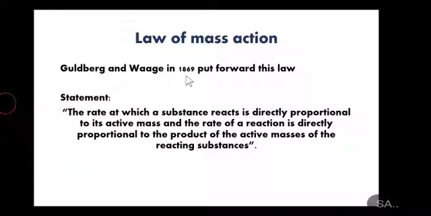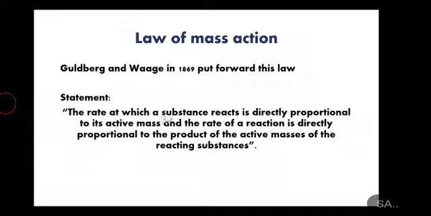So Guldberg and Waage examined the reversible reactions, and then they put forward this law in the year 1869. Basically, this law tells you about the rate of reaction by examining the rate of forward reaction and the rate of backward reaction. So what does this law say? We will see the statement.